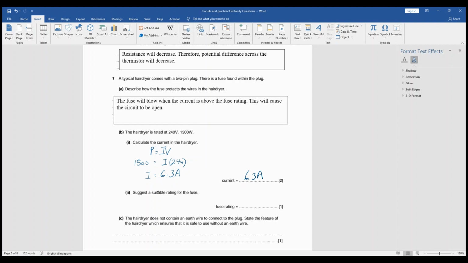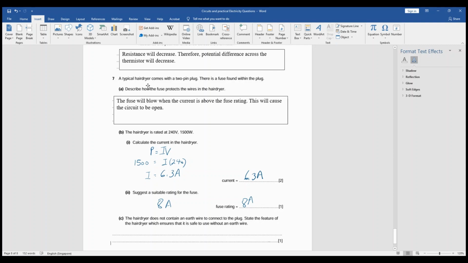Something higher than 6.3. State anything, maybe 7, 8, or I prefer 8, so I'll just say 8 ampere. Anything that is higher than 6.3 but not too high, limit maybe until 10. If you say 13, 20, that's really too far off and it will not be useful in protecting the circuit.